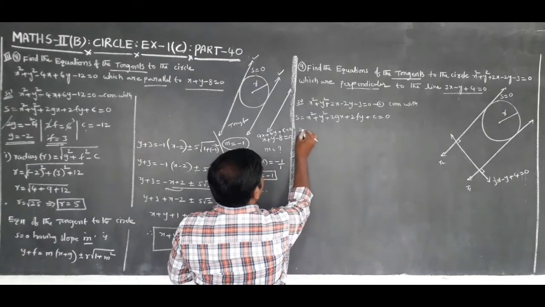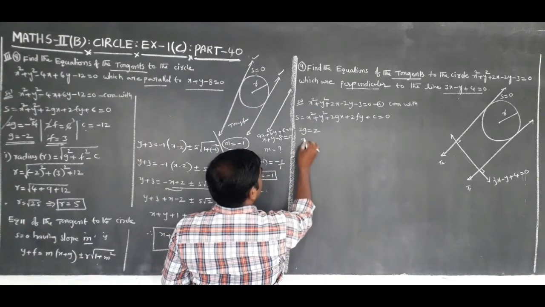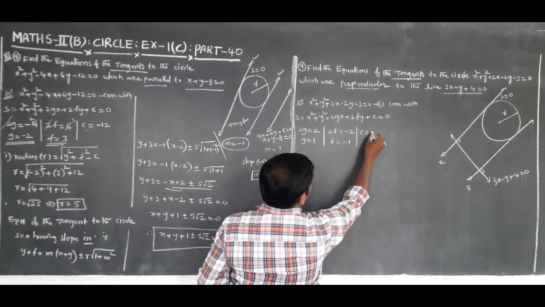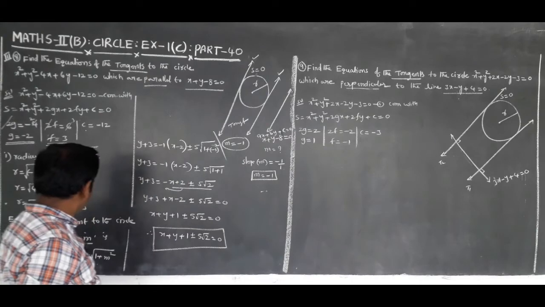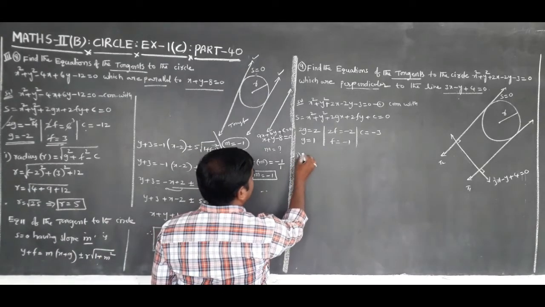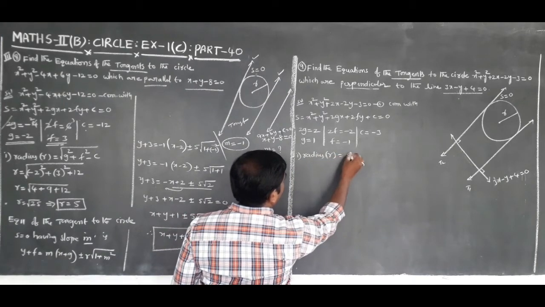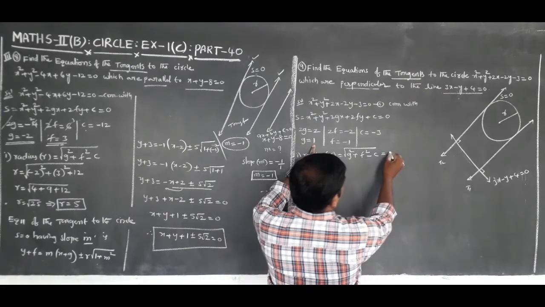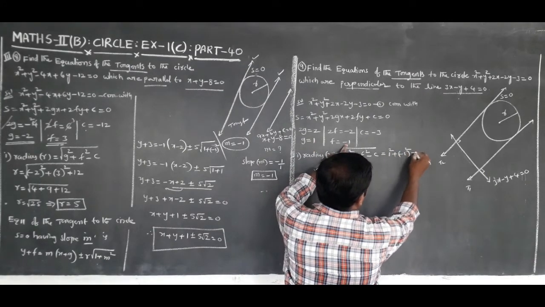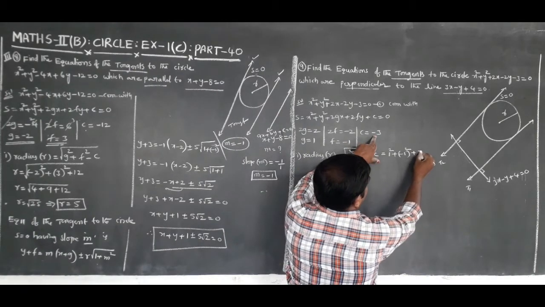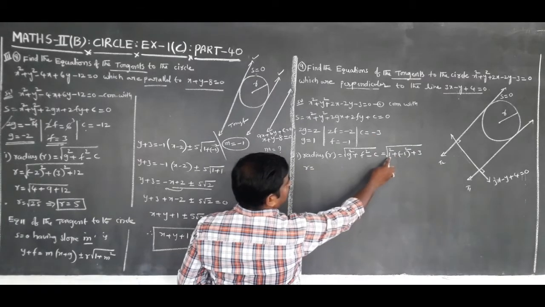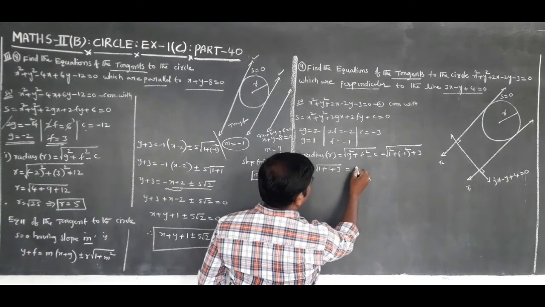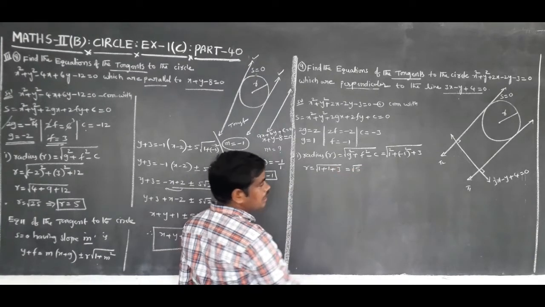Comparing with the general equation, 2g = 2, so g = 1; 2f = -2, so f = -1; c = -3. Now find the radius of the circle: r = √(g² + f² - c) = √(1² + (-1)² + 3) = √(1 + 1 + 3) = √5.